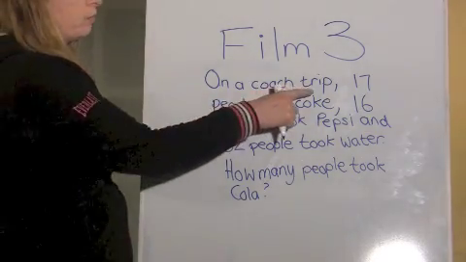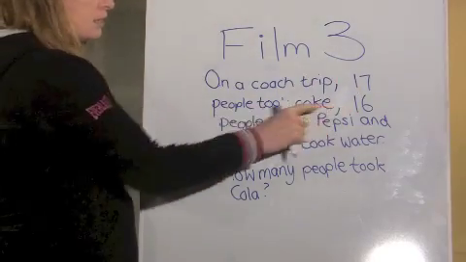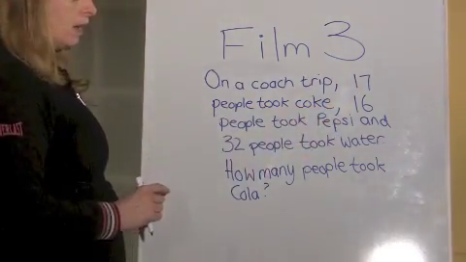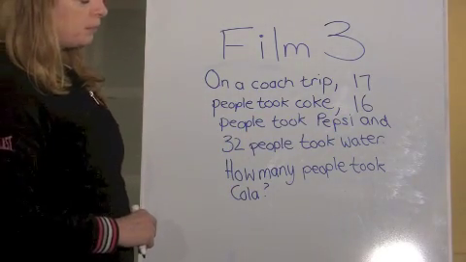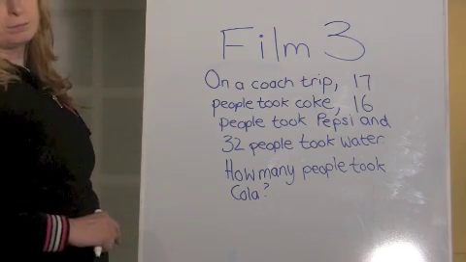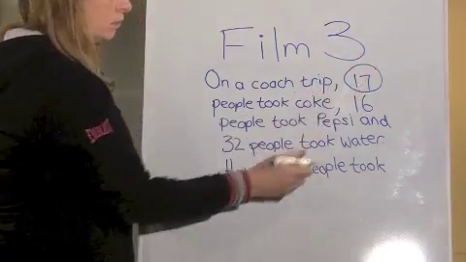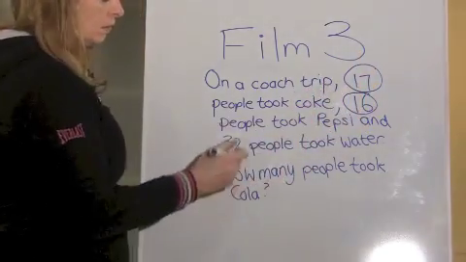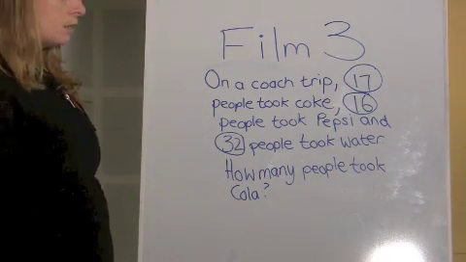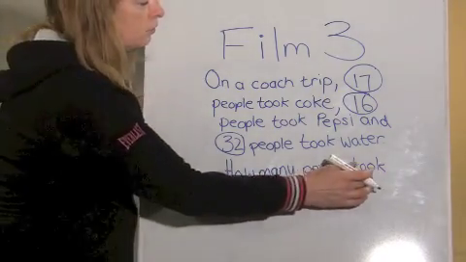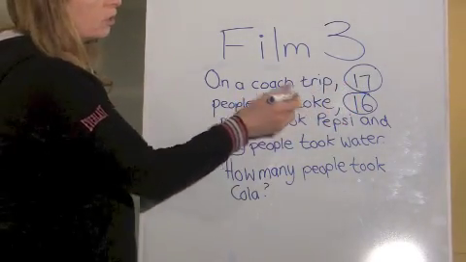On a coach trip, 17 people took Coke, 16 people took Pepsi, and 32 people took water. How many people took cola? So I have 3 numbers, 17, 16 and 32. I need the numbers that tell me how many people took cola. 17 people took Coke.